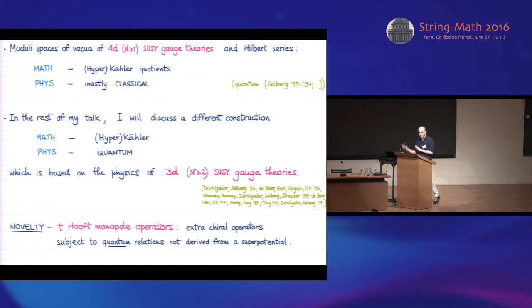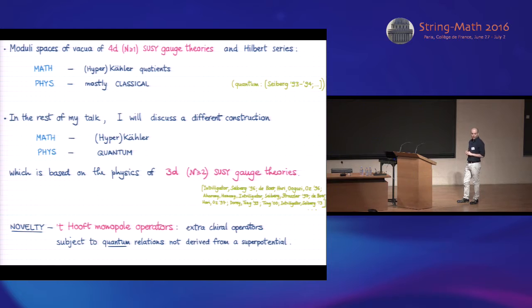I mean, of course, there have been many fundamental works in the 90s, notably by Seiberg, which were about studying quantum corrections to these pictures. But from our point of view, this will lead either to lifting the moduli space and breaking supersymmetry, or to complex structure deformations, to which the Hilbert series is not sensitive.